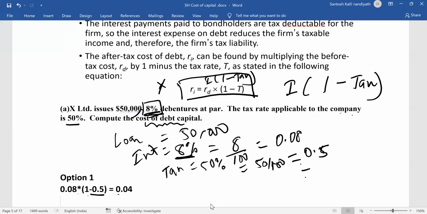Tax is 0.5. So it would be 0.04, or we can say 4%. Do you get how we calculated? So the formula is interest times 1 minus tax. Interest is 0.08, times 1 minus 0.5.